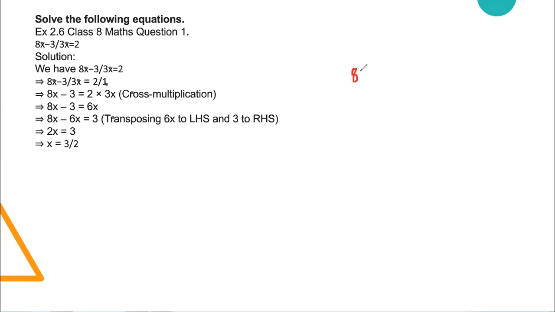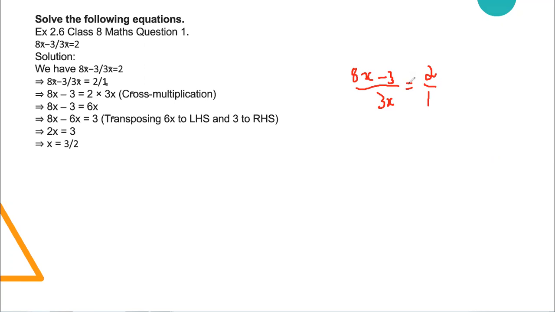In the LHS part, we have (8x - 3)/(3x), isn't it? In the RHS part, what do we have? It is equal to 2, and the denominator of 2 is very well 1, right? What we are going to do is quite simple.